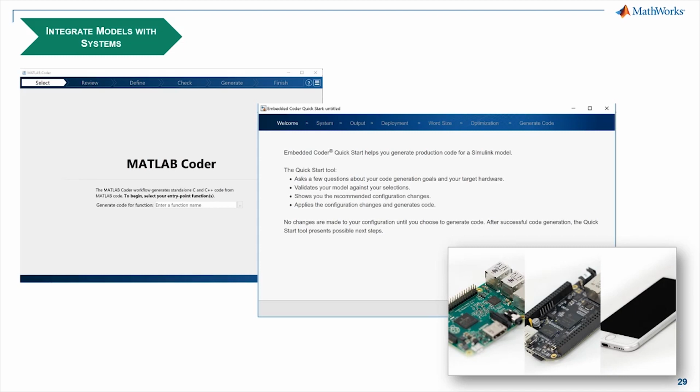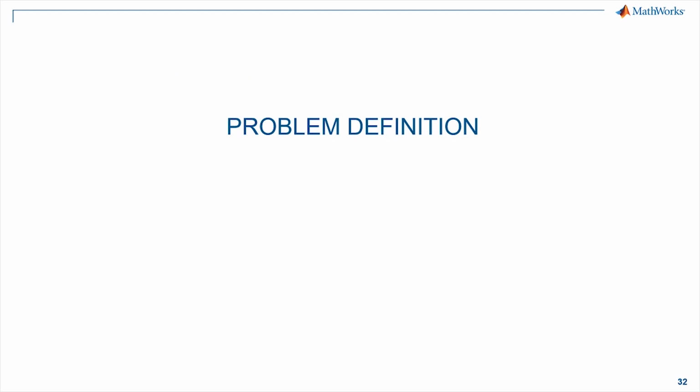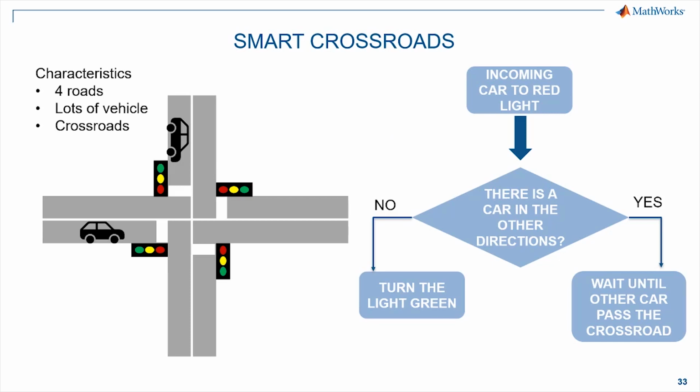And then after this we will start talking about the problem definition, that is the goal of our presentation today. So we will speak about the smart crossroad. A smart crossroad, like this one, is composed of two streets with 4 lights, and the important thing is to understand if there is a car coming to the cross.